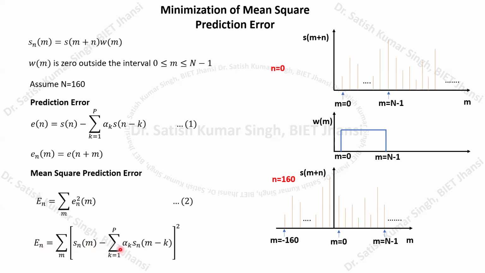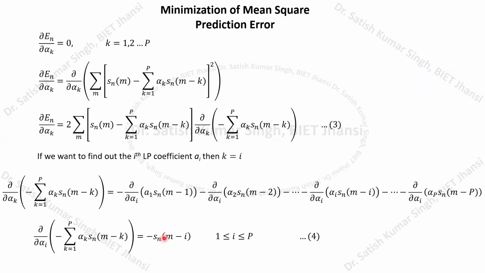After differentiating this particular equation, we will be getting this factor 2 outside. The summation will be over m. And then this first factor we will be getting as s_n(m) minus sum over k equals to 1 to p alpha k s_n(m minus k). Again, we have to differentiate this particular factor.